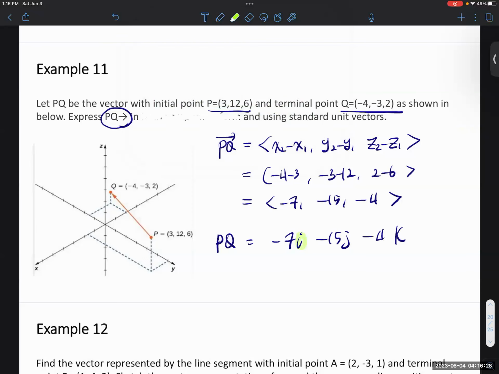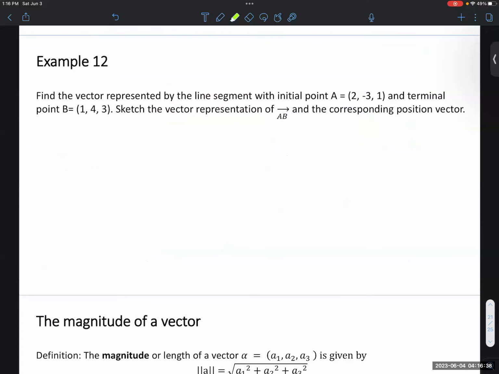Am I right? So you can write it either this way or this way. They have the same meaning. Okay, let's go to the next example. Same thing. I think you could try this one, right? So try to find the AB vector.